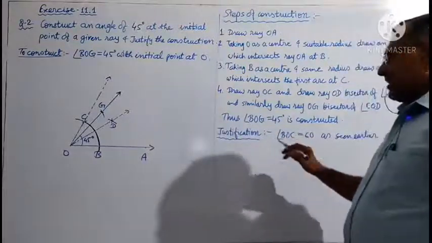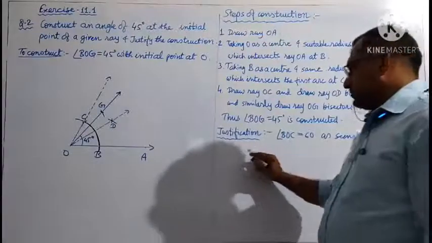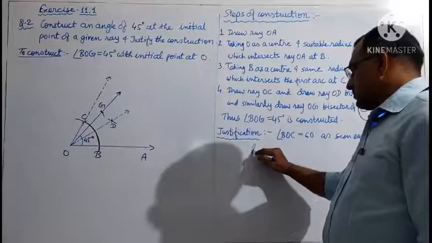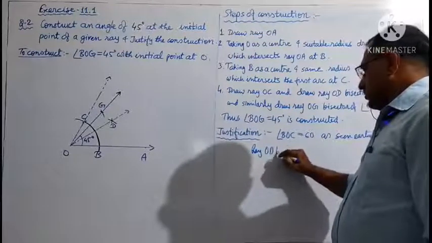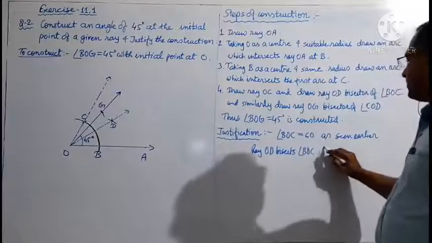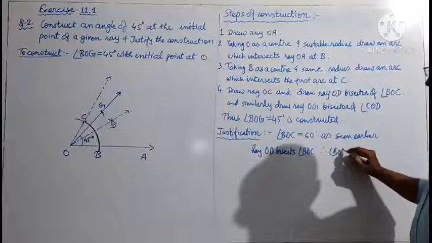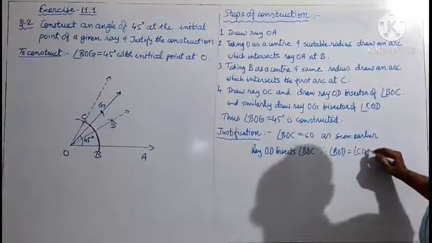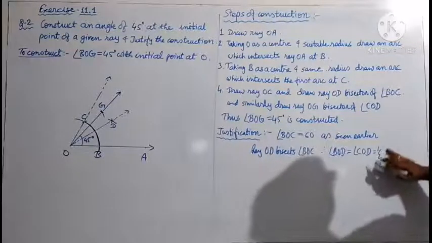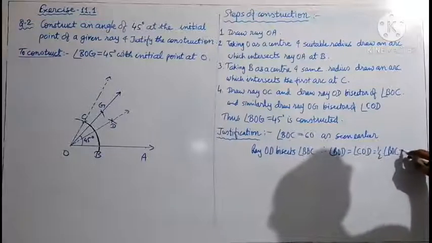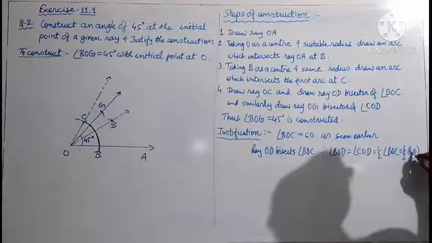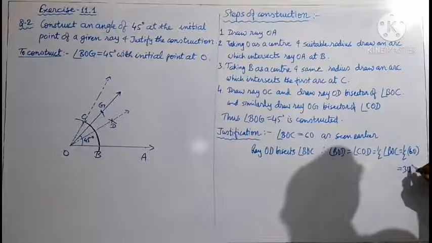Then bisector we have drawn. Ray OD bisects angle BOC. Therefore, angle BOD is equal to angle COD, and that is equal to half of angle BOC, half of 60 degree, and that is equal to 30 degree.